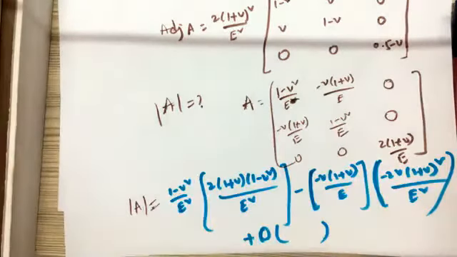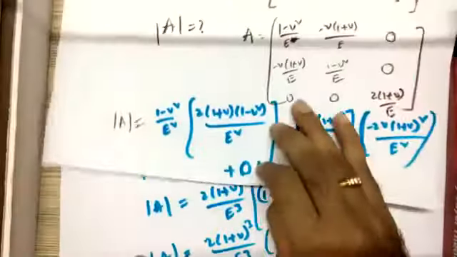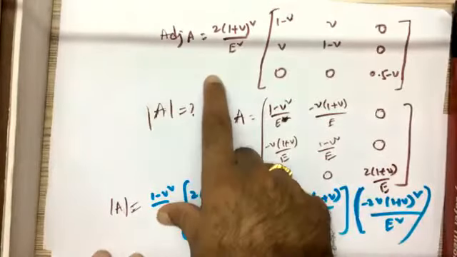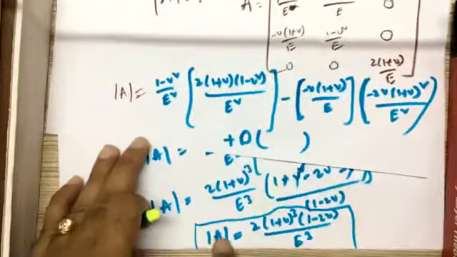Adjoint A by det A. You see here, this is adjoint A, and now this is det A you got.